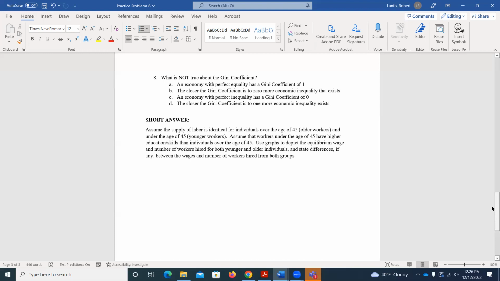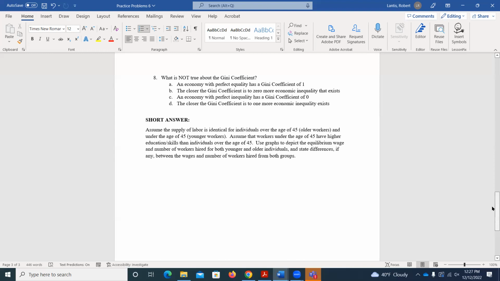Let's say at the same time I know, just based off the demographics of my society, I have fewer younger workers. So maybe the age cutoff makes a little more sense if, instead of 45, I chose 30, a very young age. So I can think about individuals under the age of 30, to make this a little more realistic, as the ones who have these additional skills.